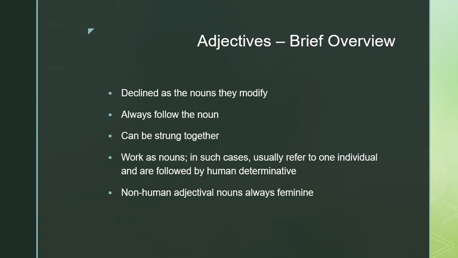You can also have non-human adjective nouns, but basically, as a rule, they're feminine, which is worth noting, because most of the time adjectives won't have a T at the end, but you can have a feminine adjectival noun that shows up all the time. So Hoch gives it as examples.